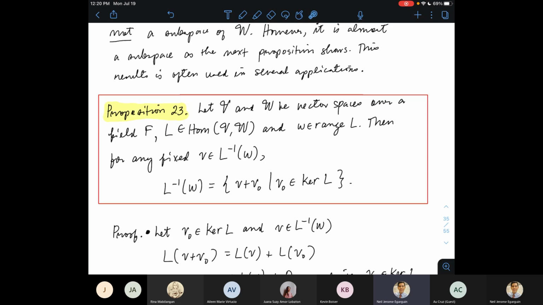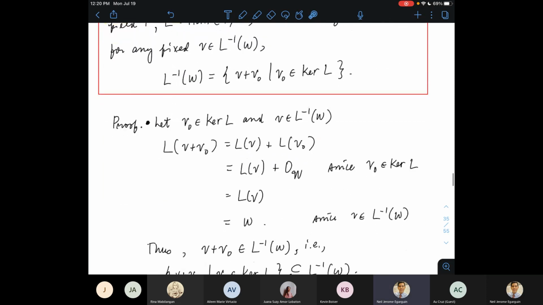Tapos magfi-fix tayo ng element ni V from the inverse image of W. Then the inverse image of W is a translation of the kernel, because the inverse image of W is just V, a member of the inverse image, plus an element of the kernel. So lahat ng element nito ay translated version lang ng elements ng kernel. Okay? Now let's try to prove it.